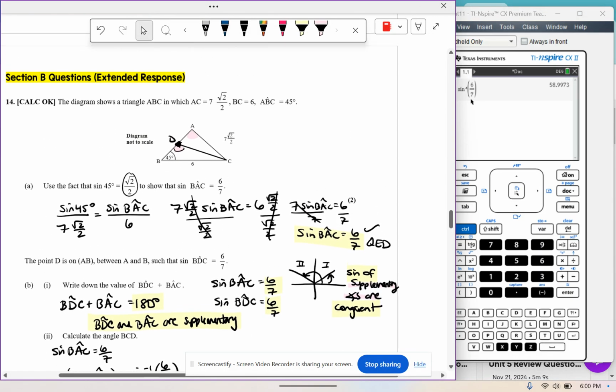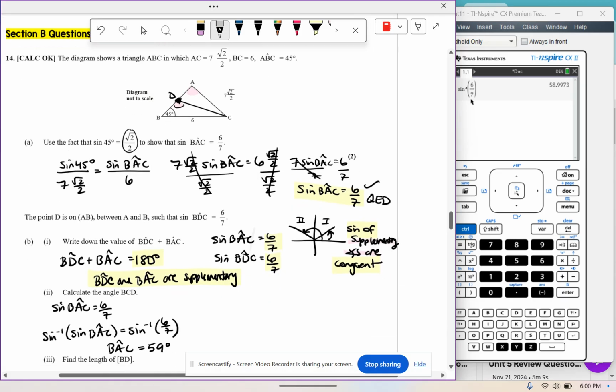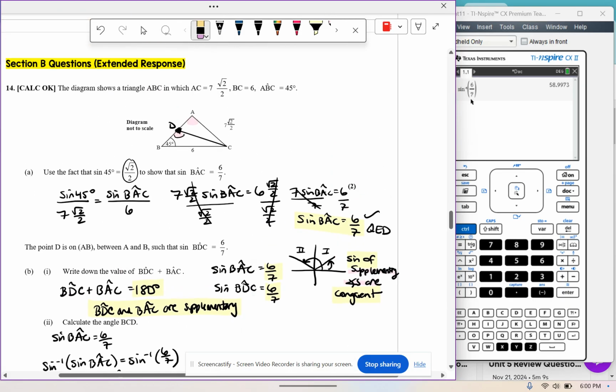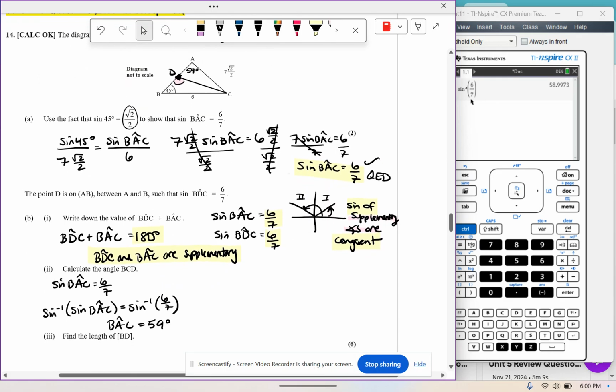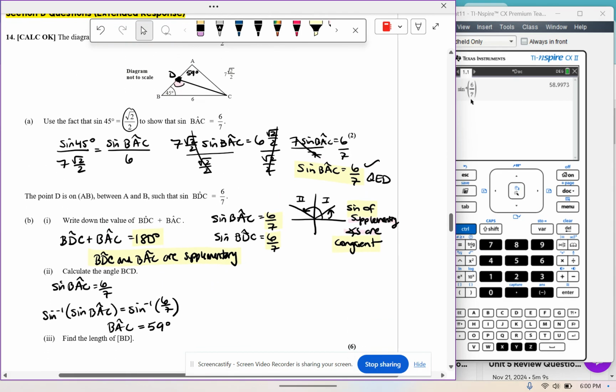So I'm going to put that on the figure here. BAC is 59 degrees. Okay, cool. And then we just found that BDC and BAC are supplementary, so we can fill in this angle too.